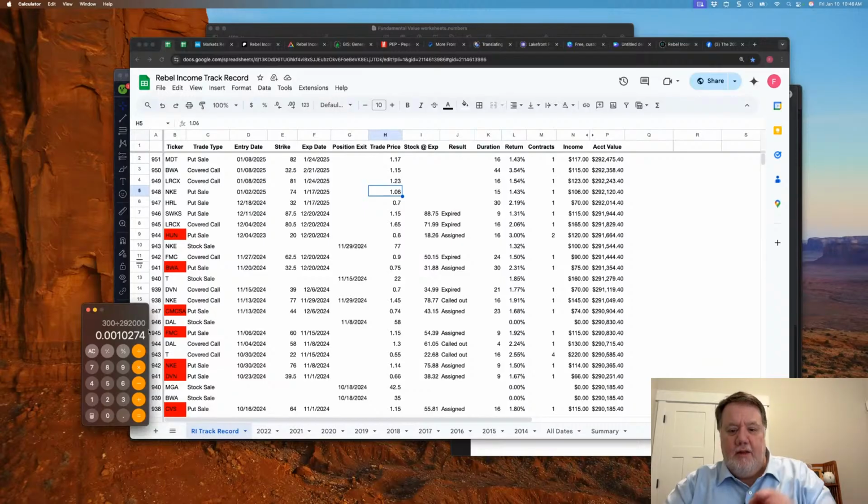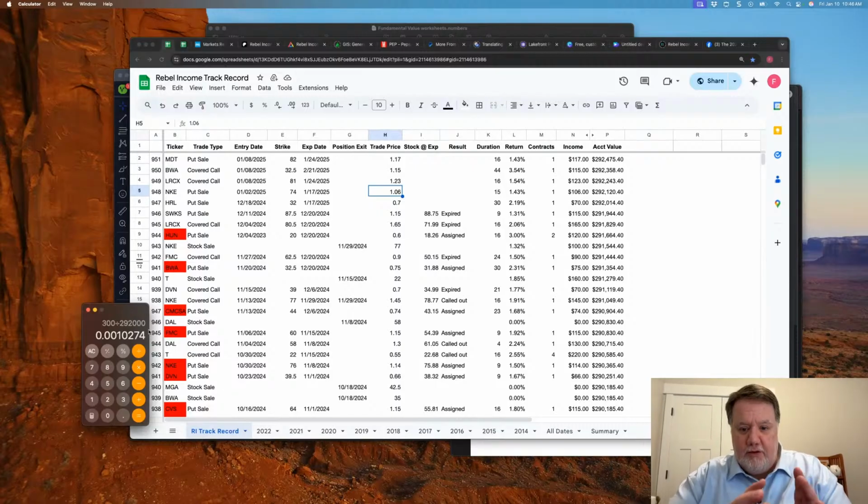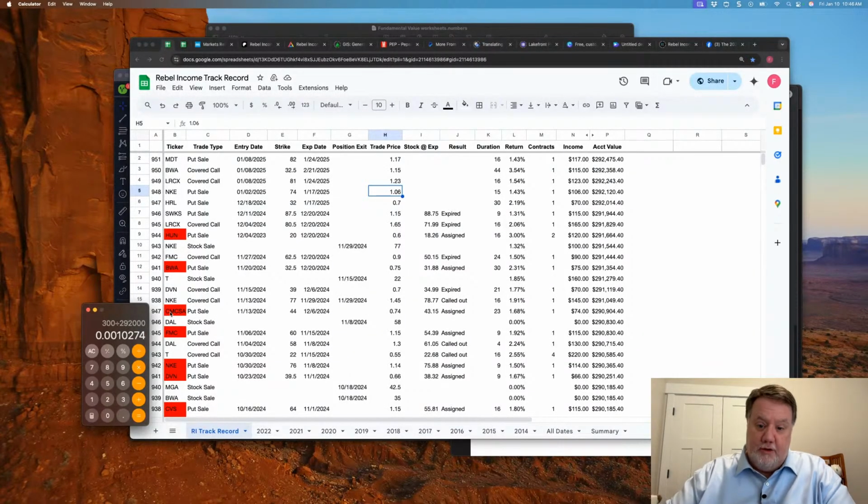And this is why, if you are somebody who is trying to focus on being a little bit more active in the way that you manage your trades, position sizing becomes even more important. If you are using leverage, if you're having to use margin to place some of these trades, you have to be paying attention to position sizes even more carefully than I do, because you're going to run risks of margin calls if you don't.